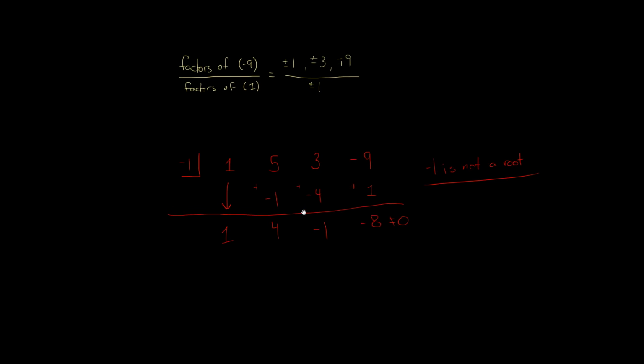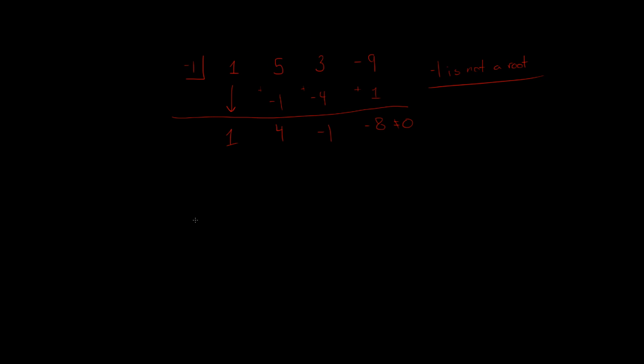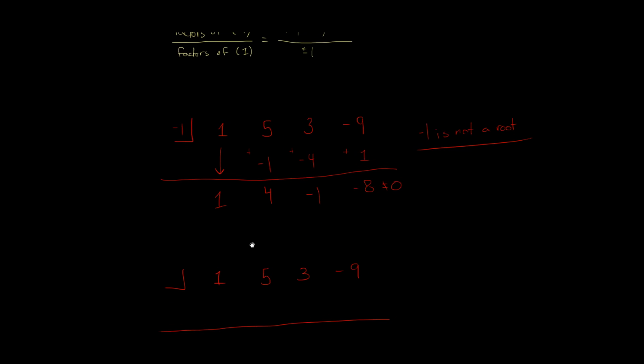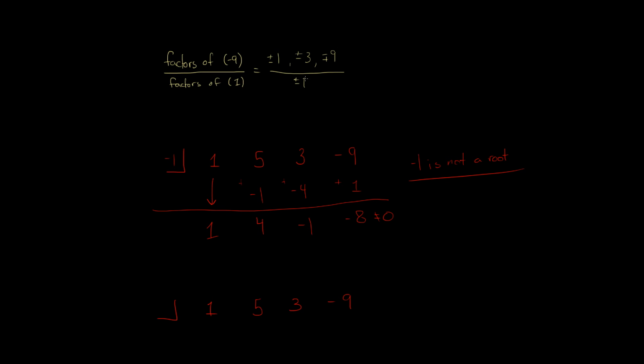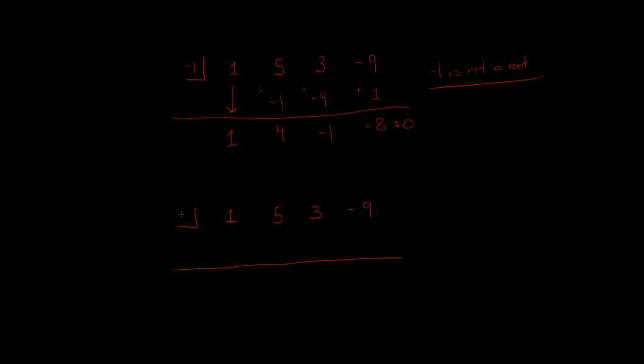So let's try again. We're going to rewrite it. We have 1, 5, 3, negative 9. And this time, let's try something like positive 1. That's going to give us a value of 1 here.